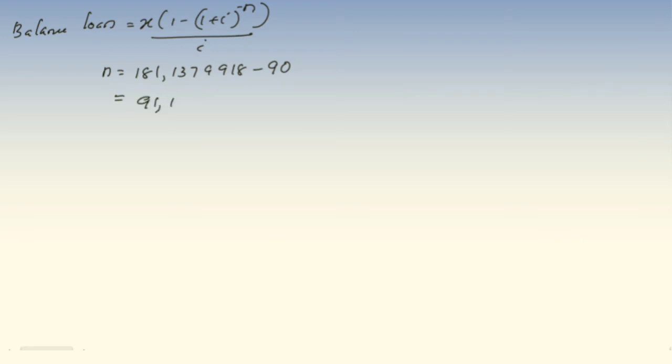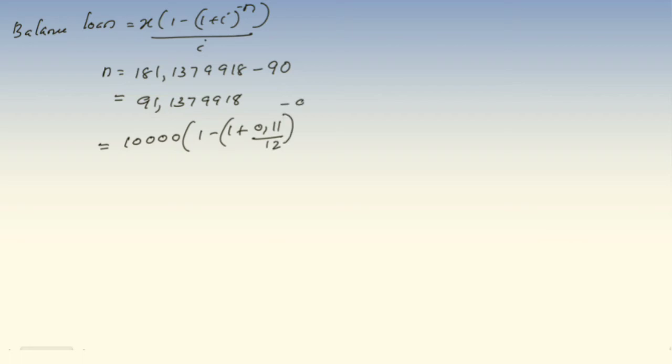So it's going to be 91.1379918. This is the number of months left after the 90th installment. This you have to use as n. So balance loan is equal to x, we know already, 10,000. Then 1 minus 1 plus i is 0.11 divided by 12 to the power minus n.